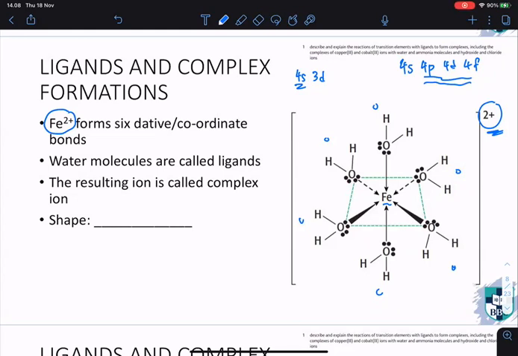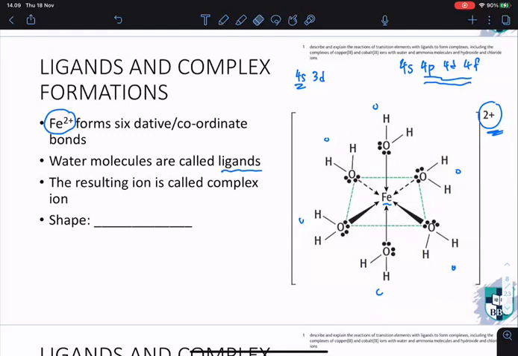Therefore, they can form dative bonding with the other molecules. And these water molecules, which give the lone pair of electrons, are known as ligands. The one that gives you the lone pair of electrons is known as a ligand.